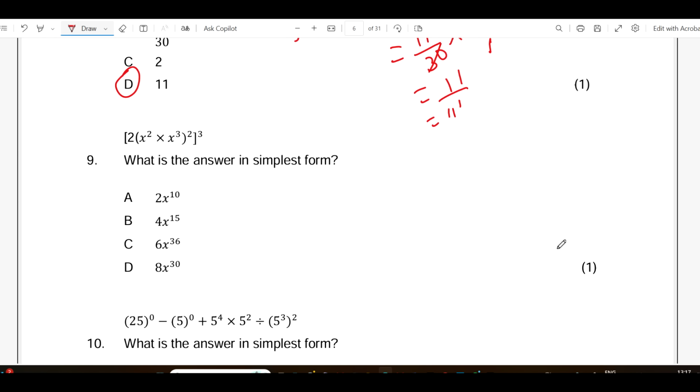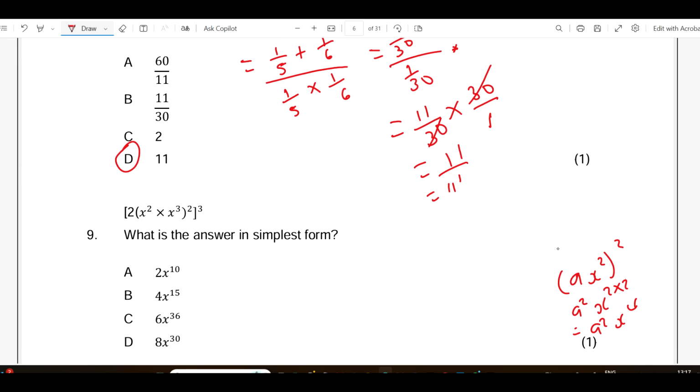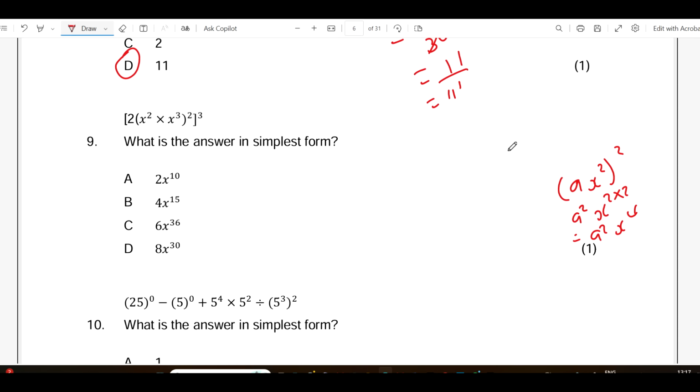So let's proceed to number 9. What is the answer in simplest form? Guys, the laws of exponents: a x squared, this is a to the exponent of 2, x to the exponent of 2, multiplied by 2, and then the answer is going to be a squared x to the exponent of... I'm going to use this rule.